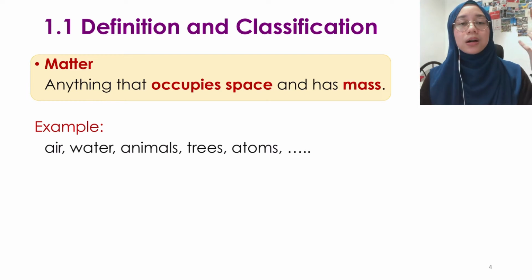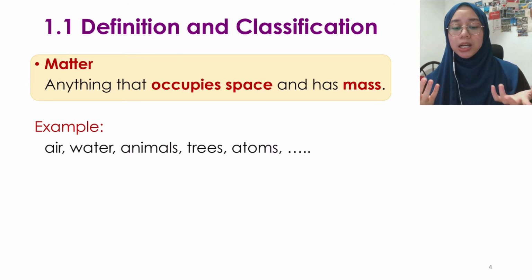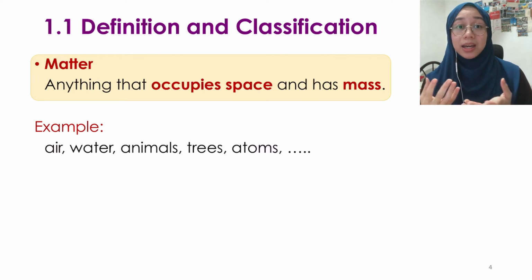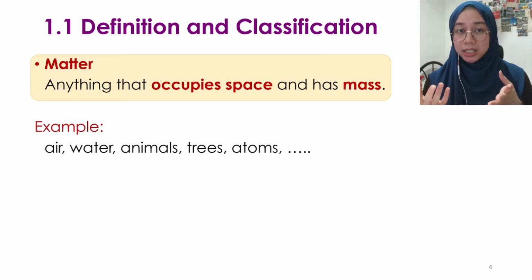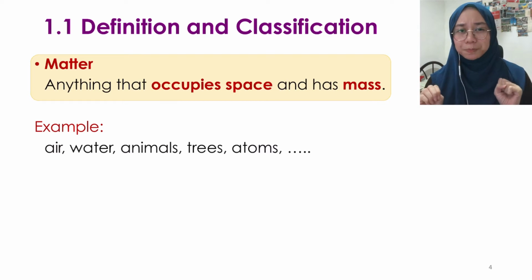We know that air actually has mass and also occupies space, but how exactly do we show it? Can you think about it? I hope someone tries to think first, how exactly we are going to show that air is actually a matter. I hope something pops into your mind right now.